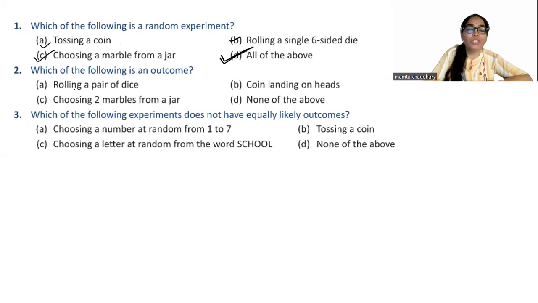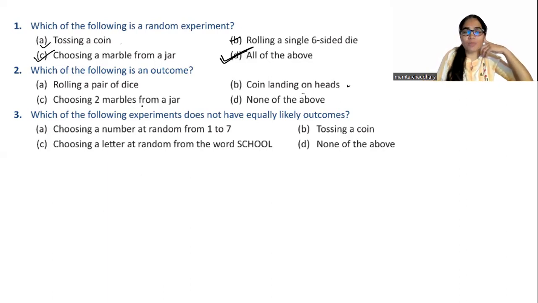Now question number 2, which of the following is an outcome? Rolling a pair of dice. No, it is not an outcome. It is basically an experiment when you are rolling a dice. Coin landing on heads. Yes, it is an outcome.